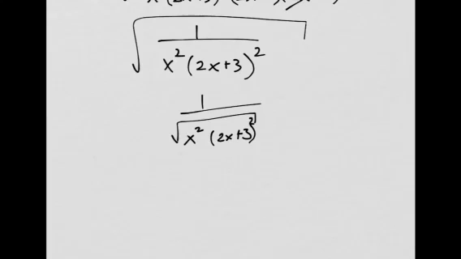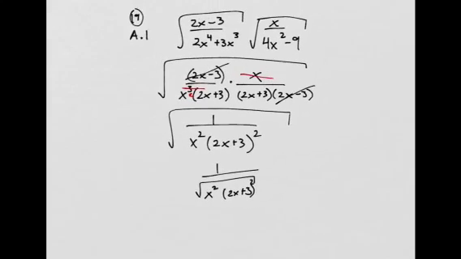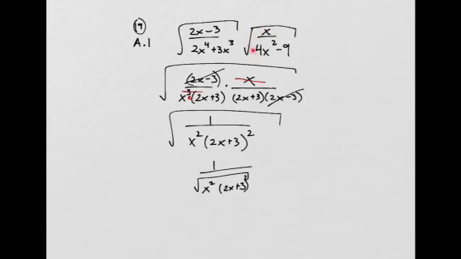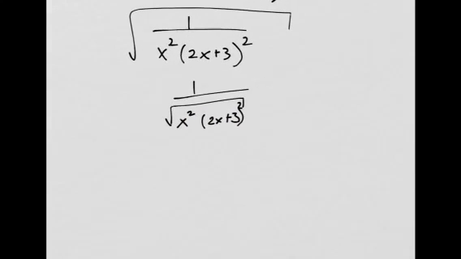The square root of that multiplication, we could also split up the radical there, because the same way where we took multiplication of two radicals and put the inside all together, we can reverse that and take the inside and separate that. It'll just be x times 2x plus 3.